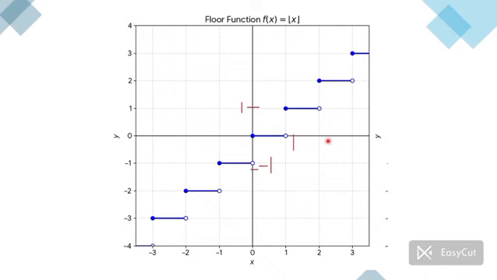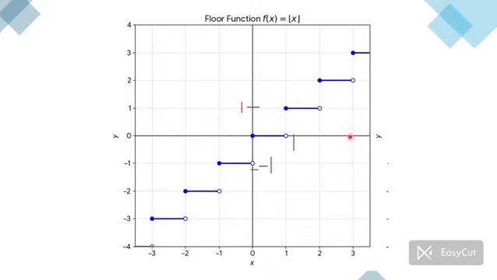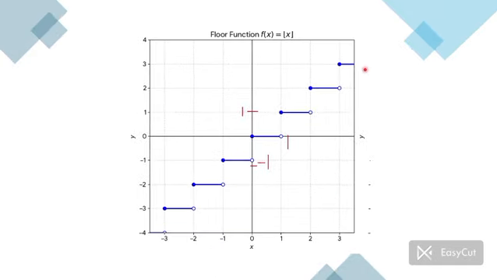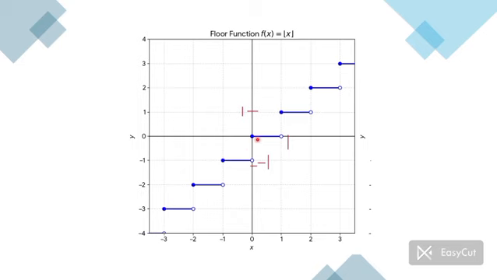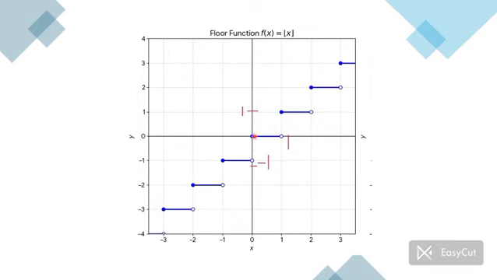From 1 to 2, it adopts the value 1. At the point 2, it goes to 2, and then from 2 to 3. See here another part: from -1 to 0, it has the value -1. Whenever we reach 0, it goes to 0. From 0 to 1, it has the value 0.